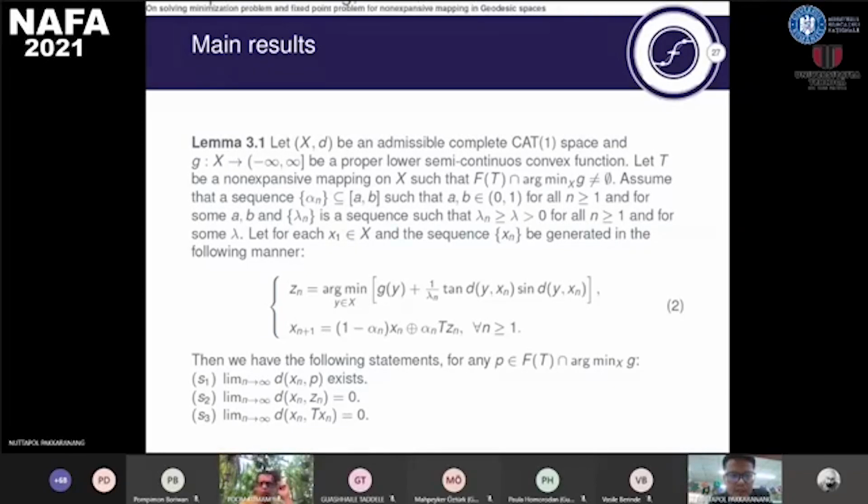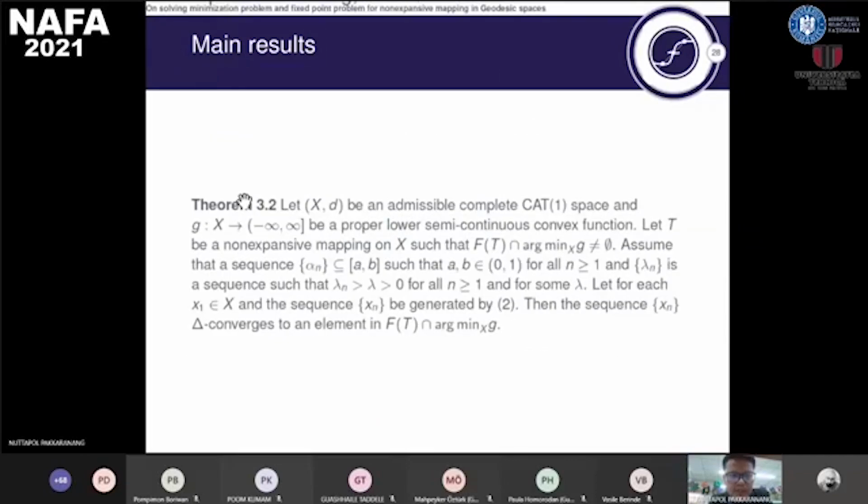Next, this is my main theorem. Let X be an admissible CAT(1) space, G be a proper lower semi-continuous convex function, and T be a nonexpansive mapping such that the intersection of the set of fixed points with the set of minimizers of the convex function G is a non-empty set.